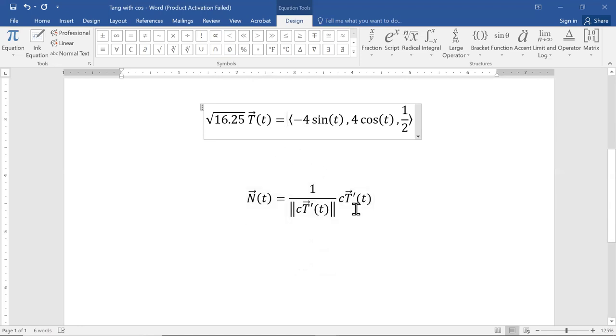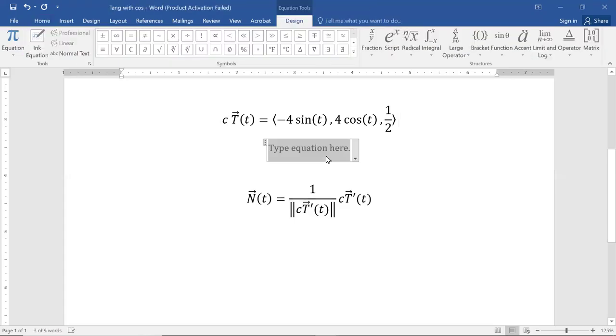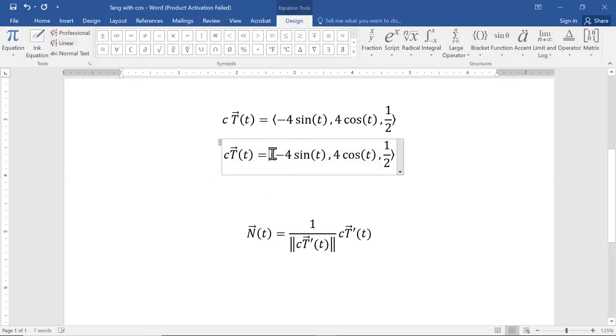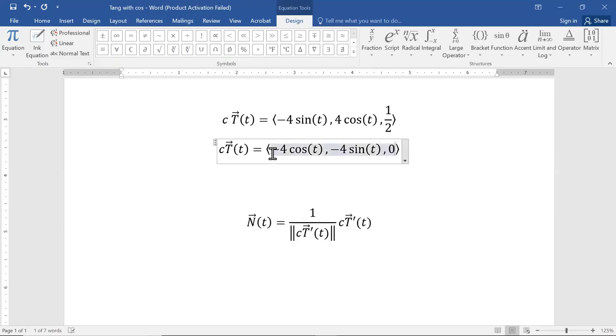I'll call this just c, some constant. I'll take the derivative of that thing. The derivative is going to be -4 times cosine of t. Derivative of cosine is negative sine, so I get -4 times sine of t. Derivative of 1/2 is 0.